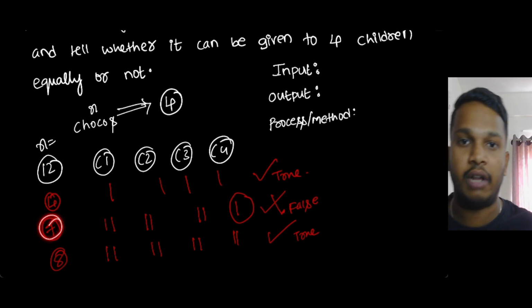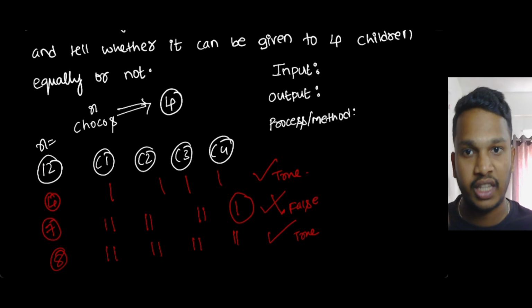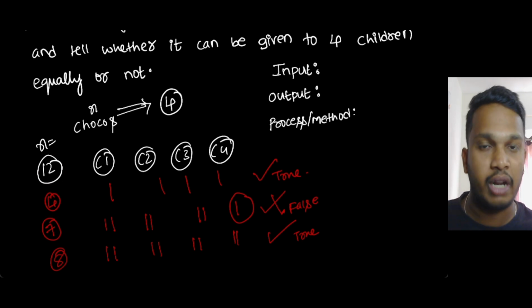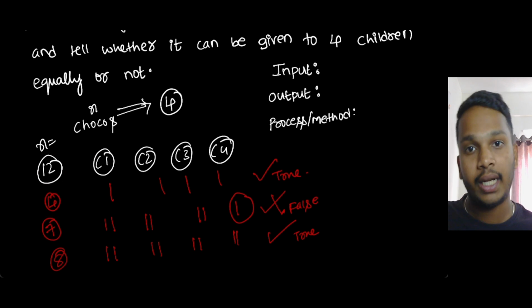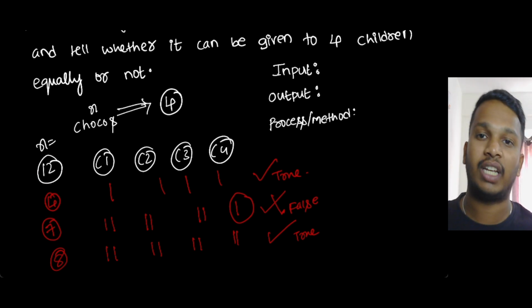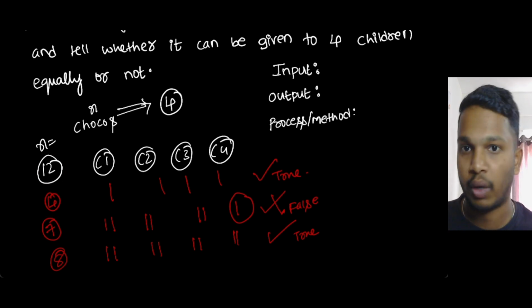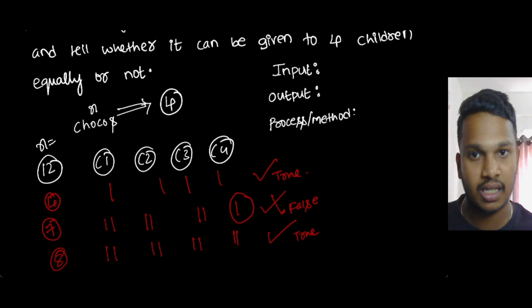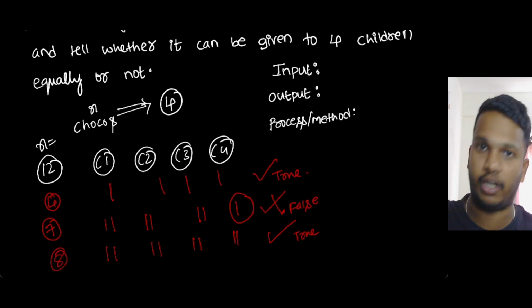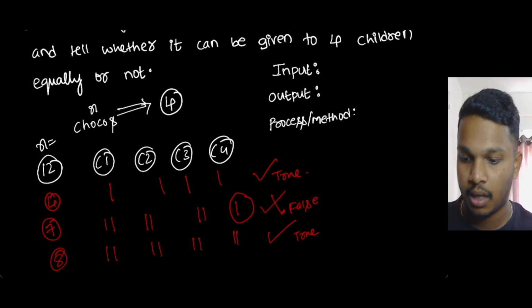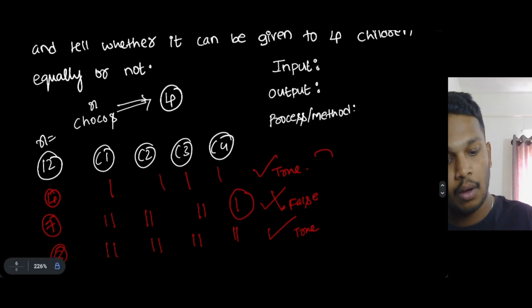For example, 7 is not divisible by 4, 3 is not divisible by 4, 5 is not divisible by 4, so I cannot give. 8 is divisible by 4, I can give. 12, 16, 20, 24, 28, yes. Basically, the 4 table. All the elements in the 4 table I can distribute, because there are 4 children. Am I right? So we got the logic.